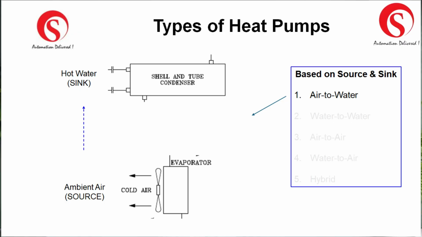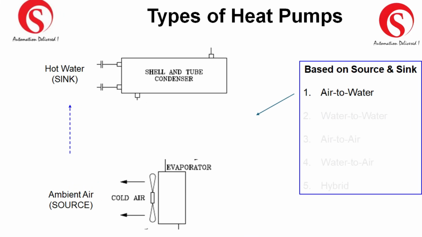It's called a standalone heat pump. So it is using atmospheric ambient air, and that is the source. It is transferring the heat to the water which is circulating, which you are using in your process. So this is called an air to water heat pump. Air is the source, we are transferring the heat to the water, which is the sink.